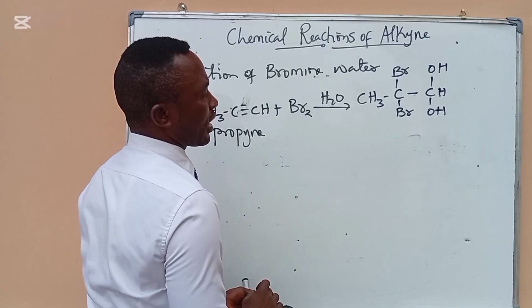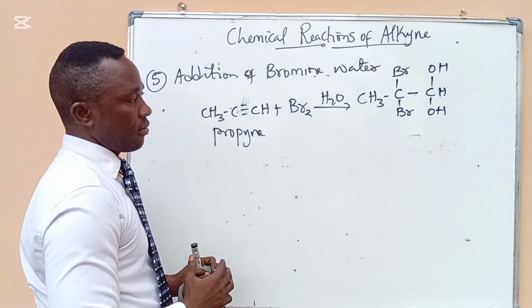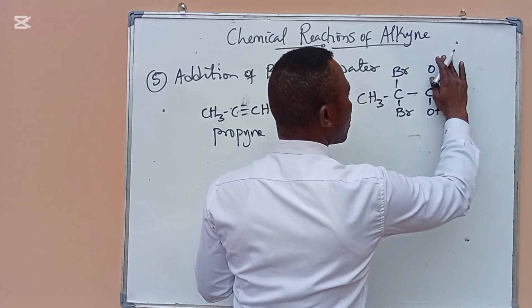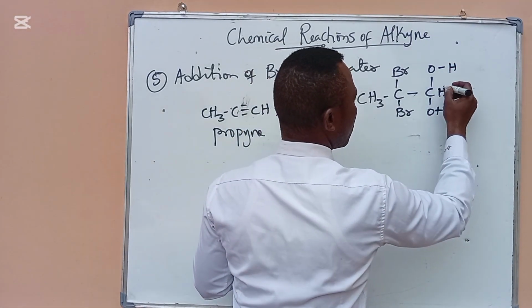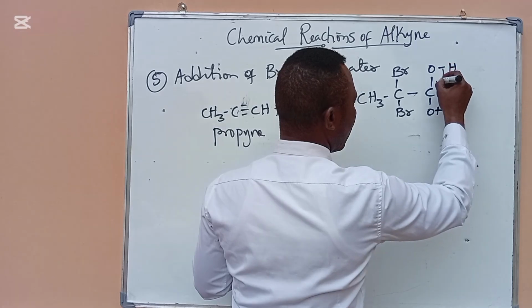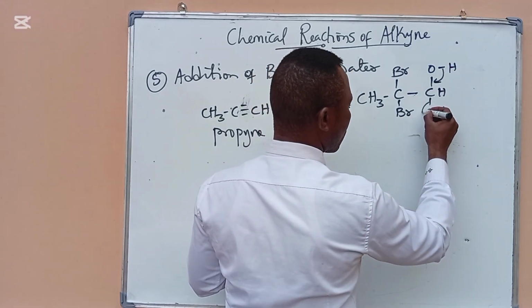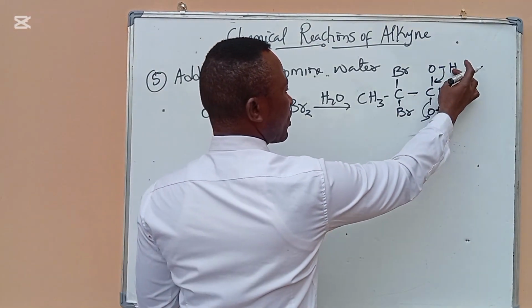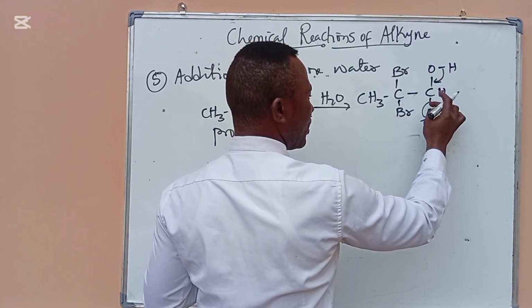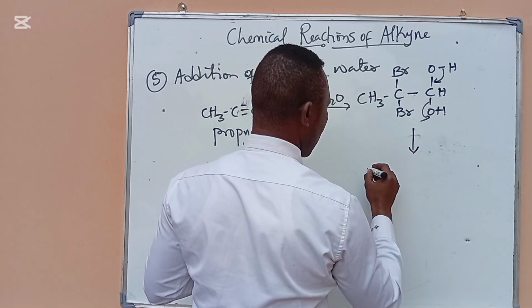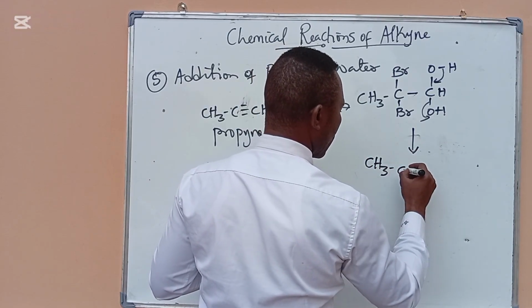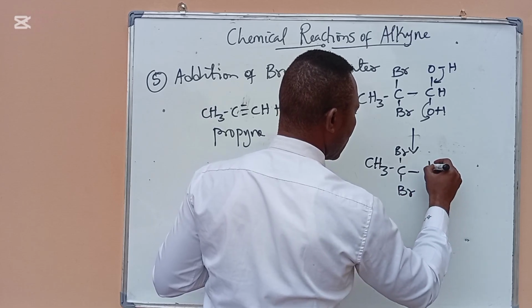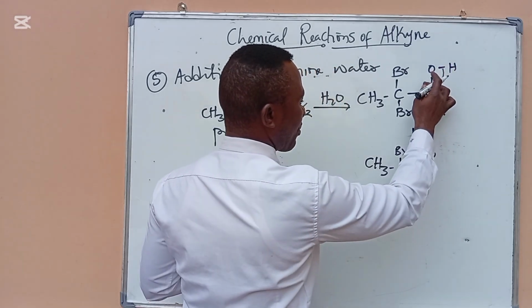Now we can see some rearrangement here, or elimination of groups, because this OH is O and H. The bond of the hydrogen can come here, so that OH will leave. So the hydrogen bond comes here, then the OH leaves. What we'll now have is CH3, Br, then C double bond O, because this bond has come here.